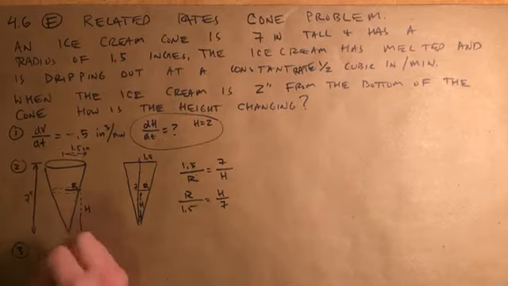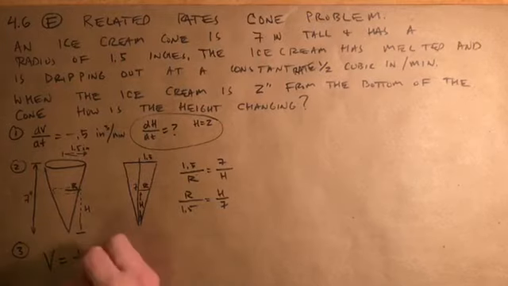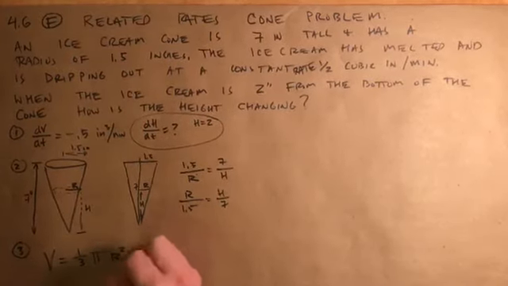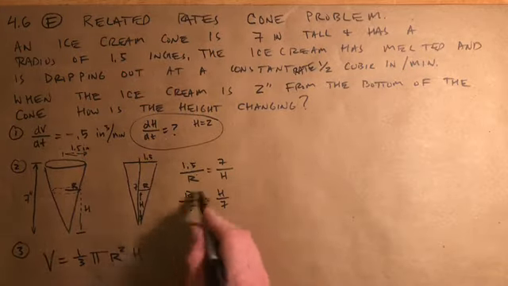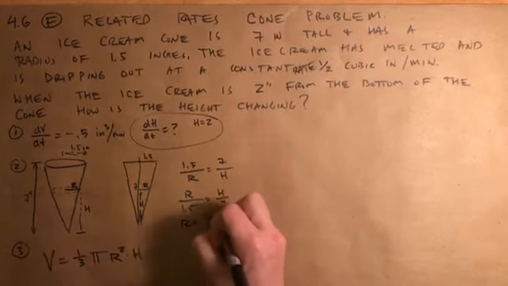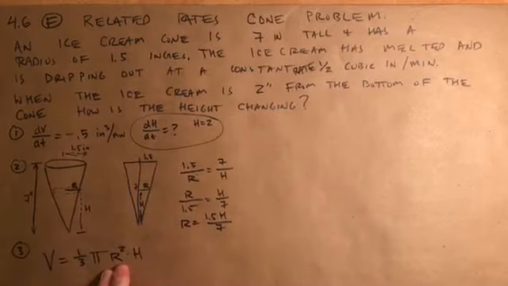But right now the volume of our cone is equal to 1/3 pi r squared h. So what are we going to do? I don't really want to think about dr dt or think about what the radius has to be. So I think we're better off solving this relationship for r and then substituting in.